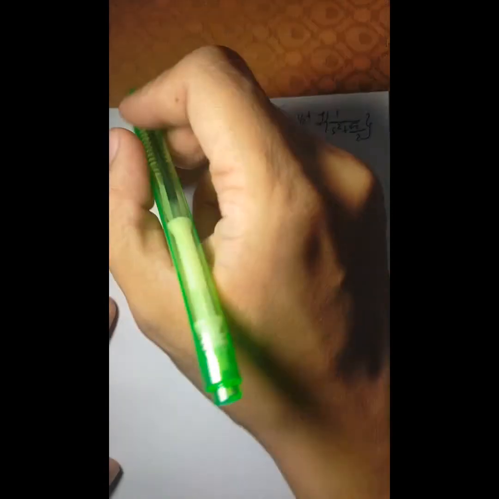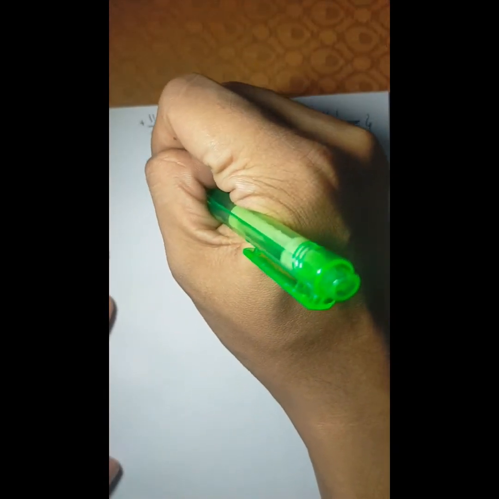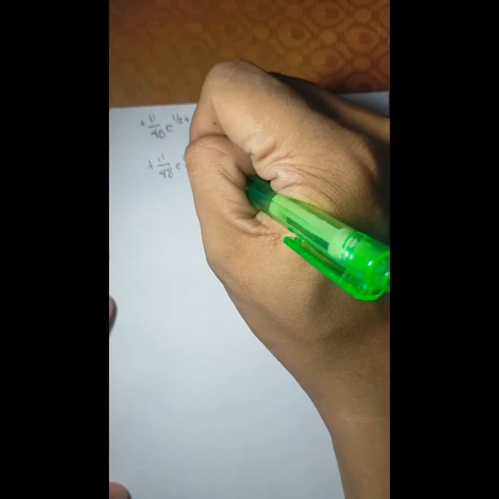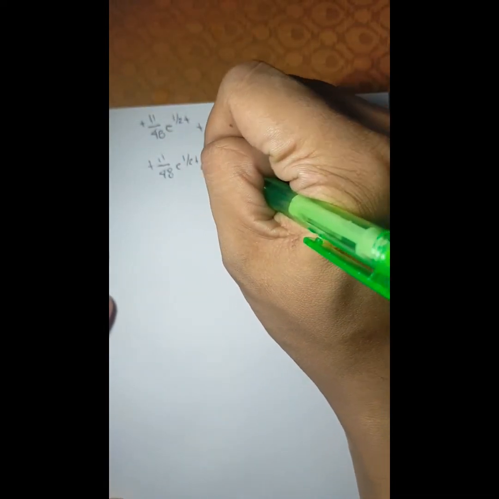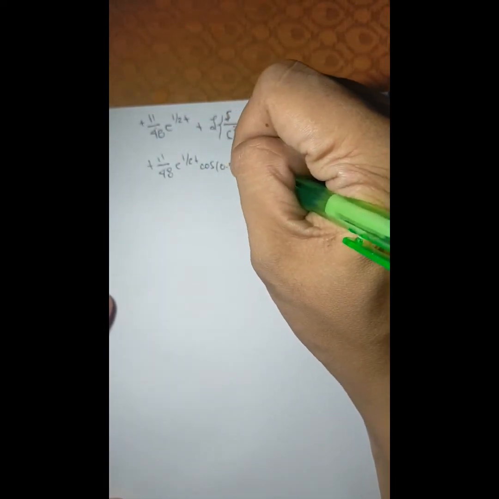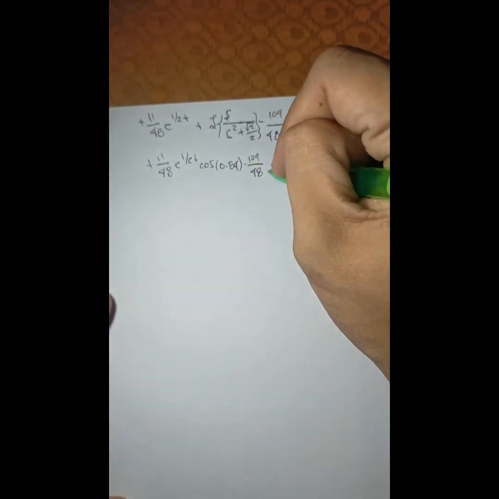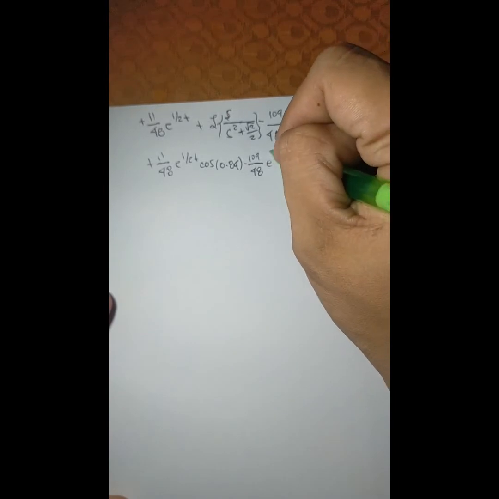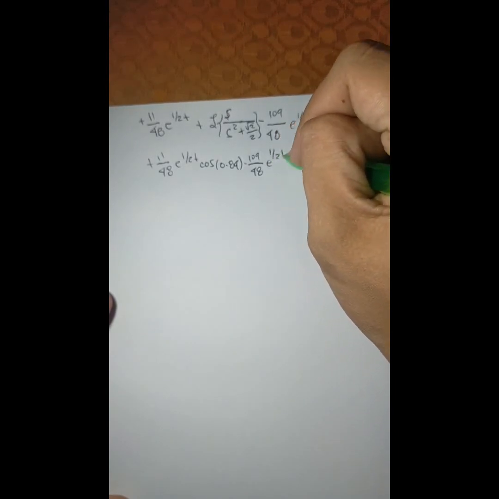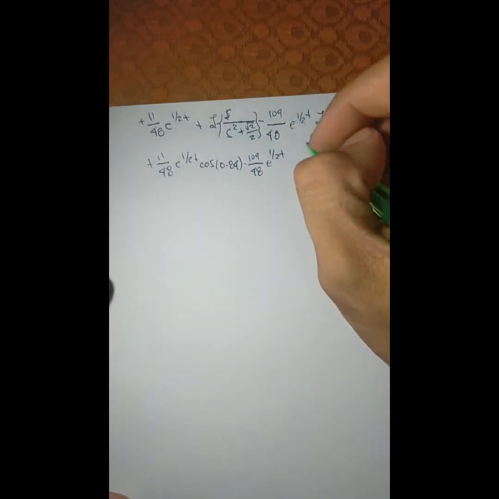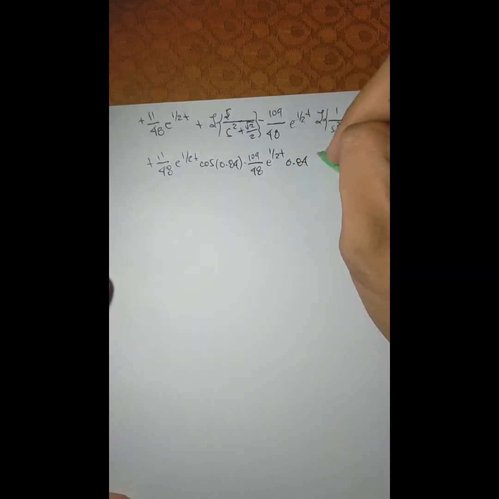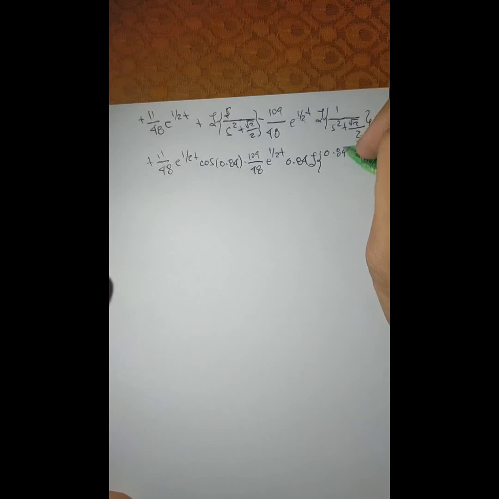This can be equal to negative 1/4 plus 11 over 48 e raised to 1 half t cosine of 0.84 t minus 109 over 48 e raised to 1 half t 0.84 Laplace of 0.84 over s squared plus square root of 2 over 2.